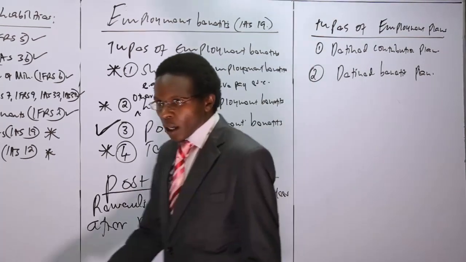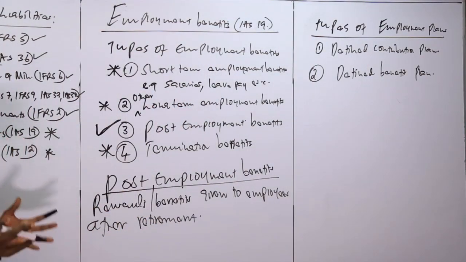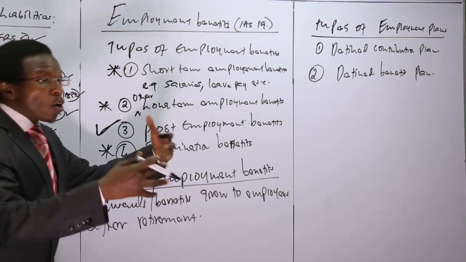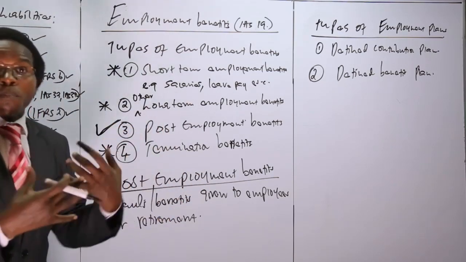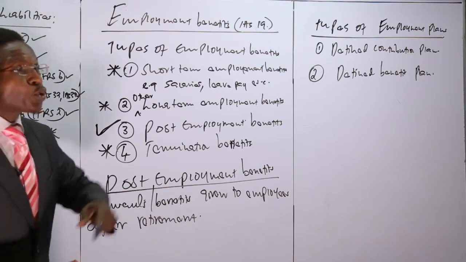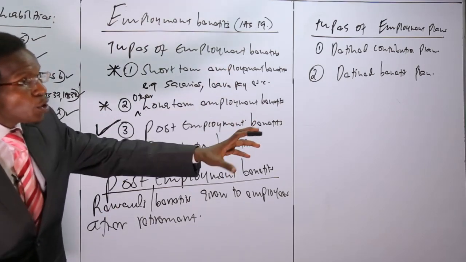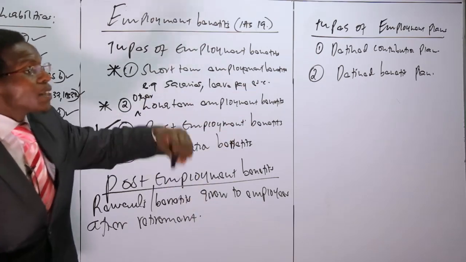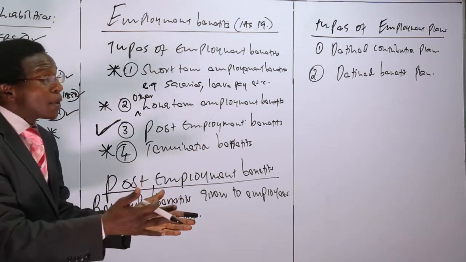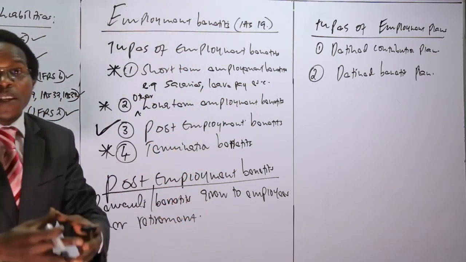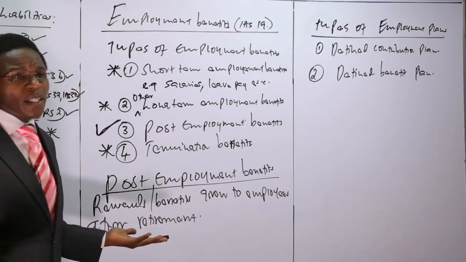Fine. Now, how do these plans operate? There will be a contribution made by the employee and employer to the plan. Those contributions are invested. Once reinvested, on retirement the benefit will be given to the employee. That's how they operate basically.